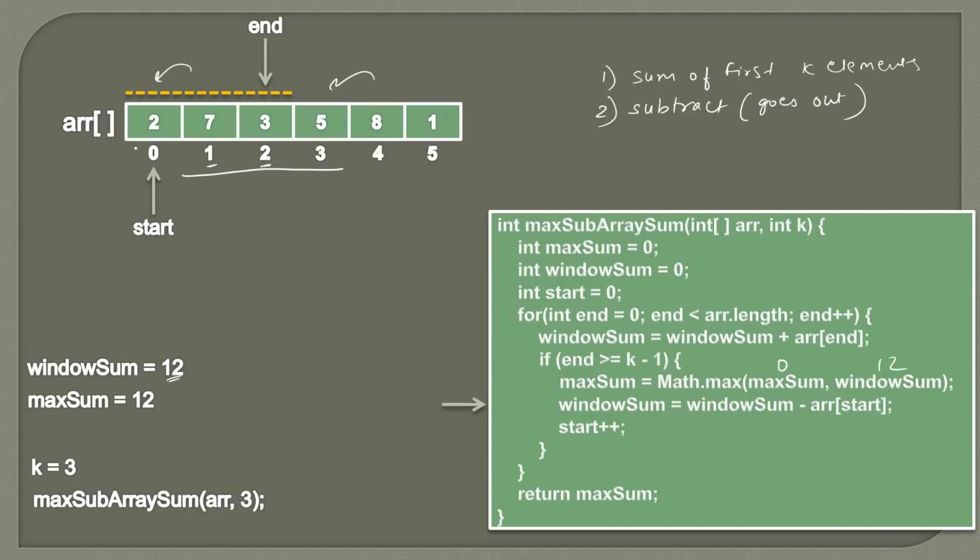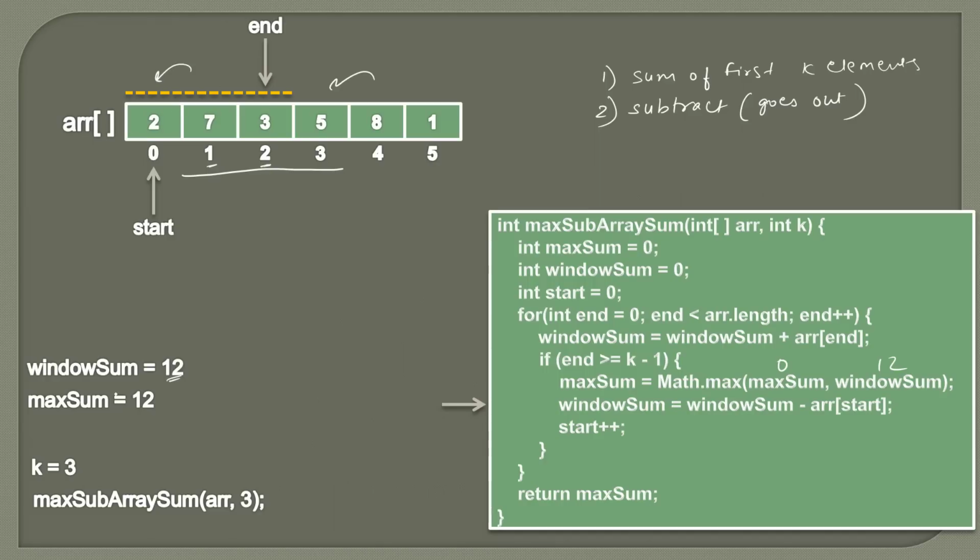We know that start we initialize with 0 and end moves till index 2. So if you see, our window is from start to end, having 3 elements. Now when this window shifts ahead, whichever value start is pointing at will go out of the sliding window, which means 2 will go out of the sliding window.